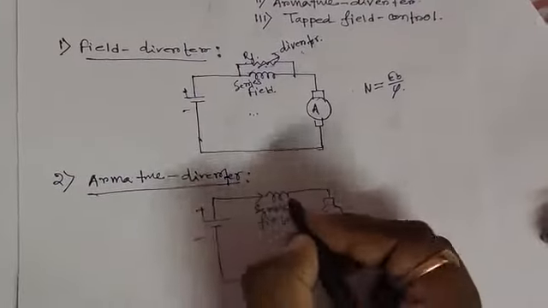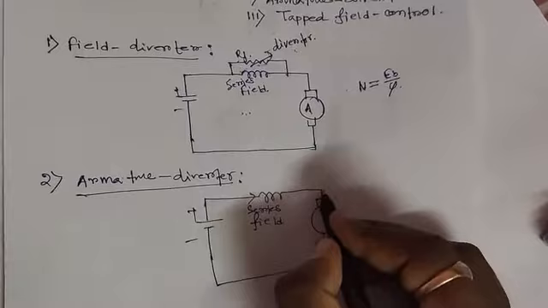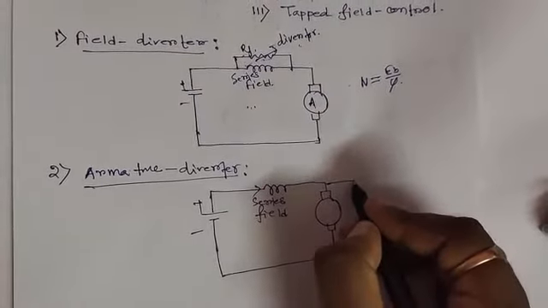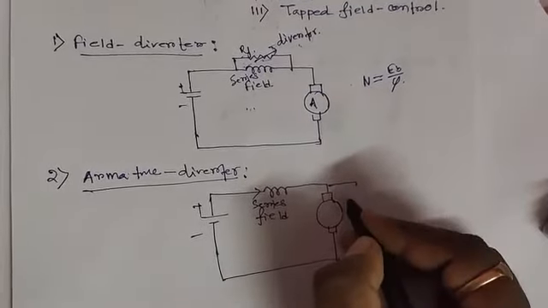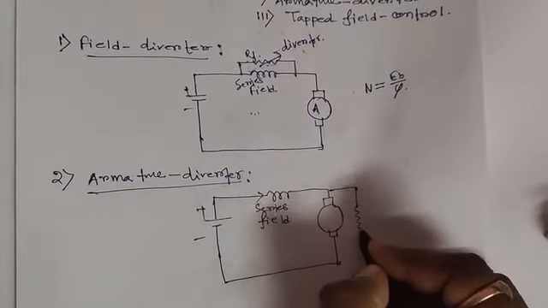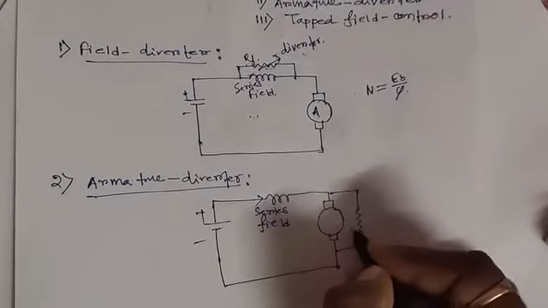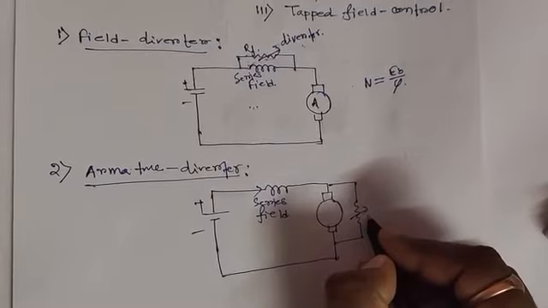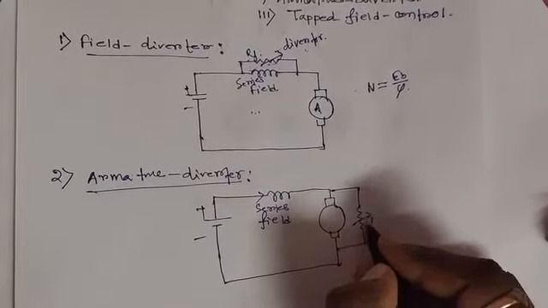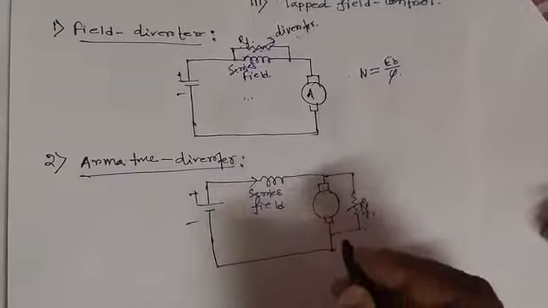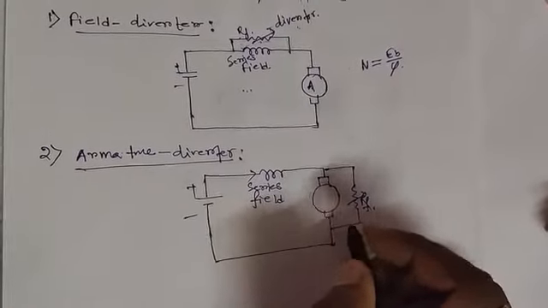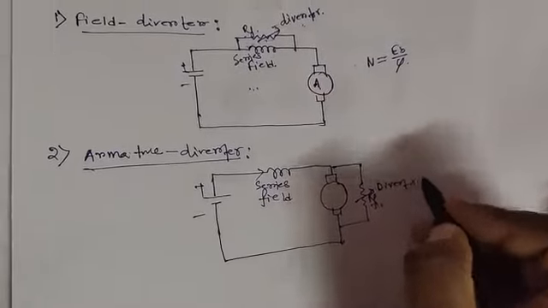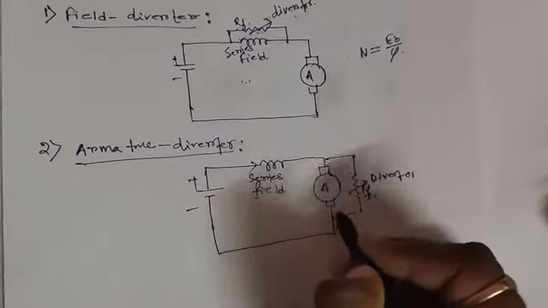The diverter, a variable resistance, is connected across the armature.